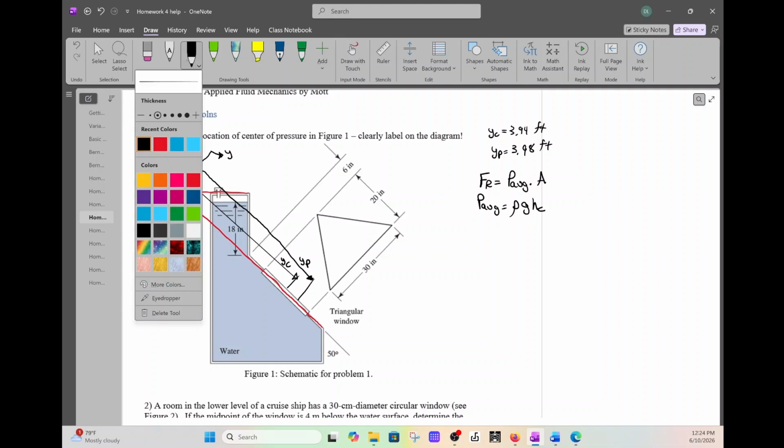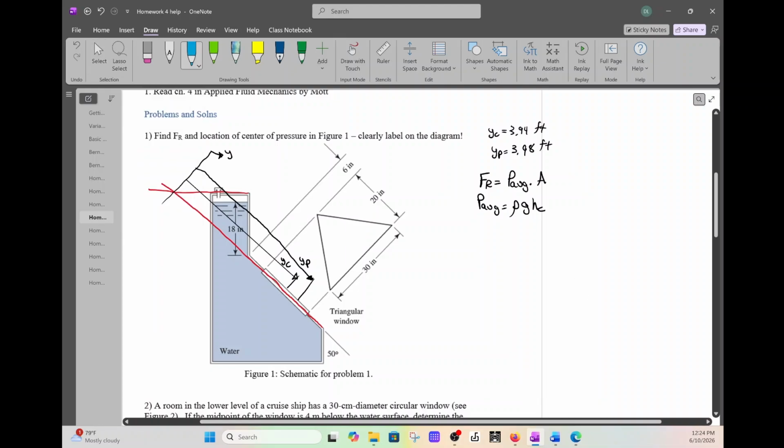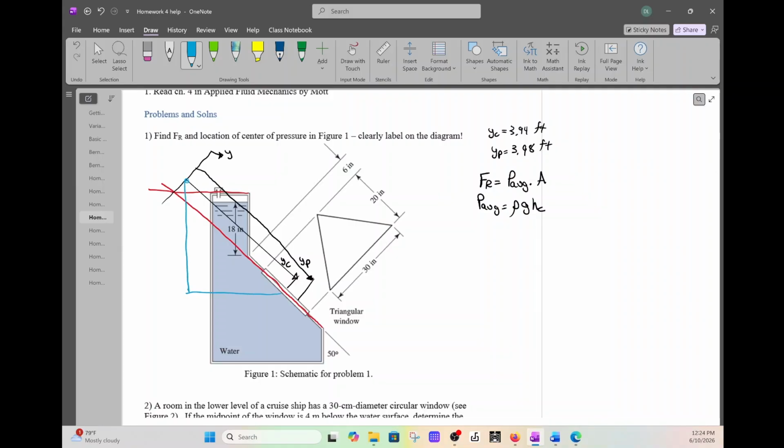So we just have to figure out that value. We know the angle is 50. As long as we have theta and we have YC, we can then find HC with trig. The trick is, how do we find YC?